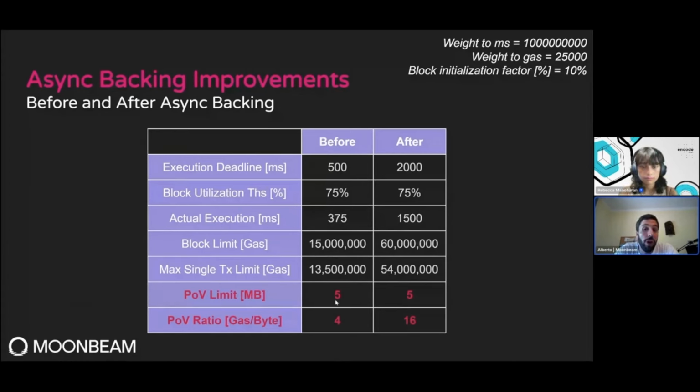So this means 4 gas per byte, but now you have 60 million gas units for 5 megabytes. So now each byte of POV represents 16 gas units. So every transaction that is related to POV is now way more expensive.